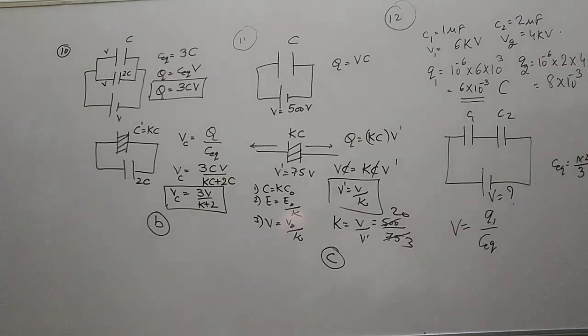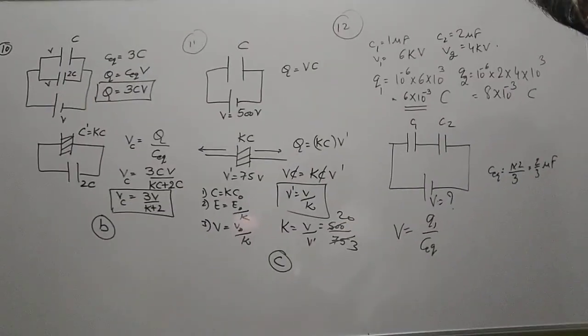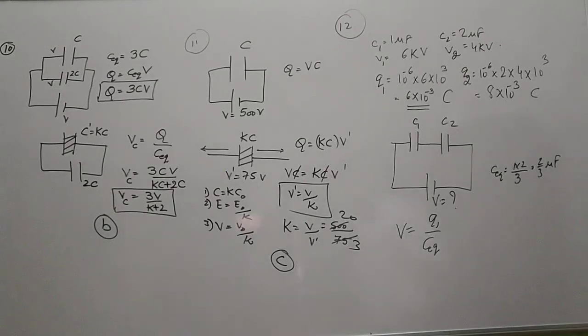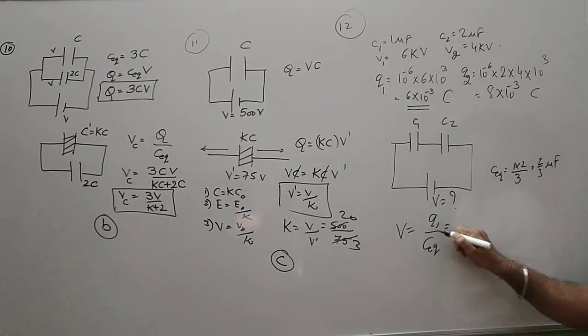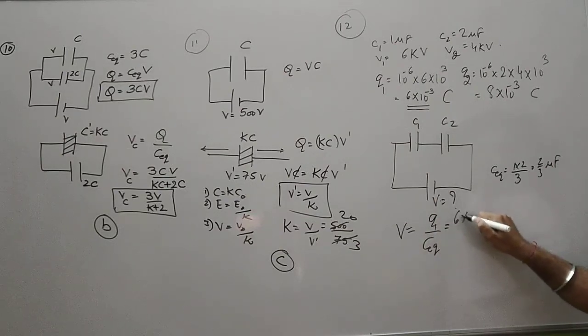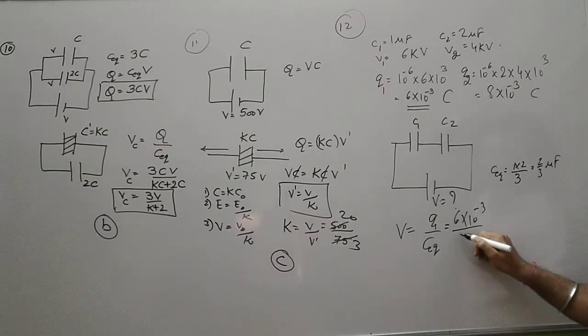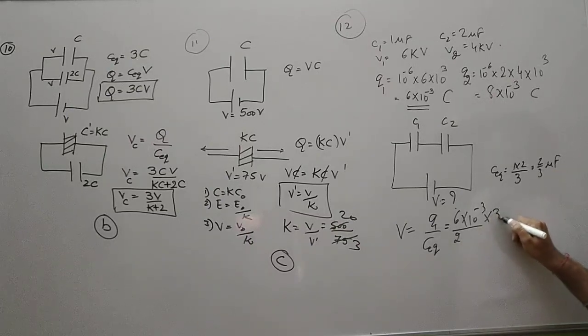After finding the equivalent capacitance, we can find the charge. So the charge taken will be the smaller charge, that is 6 into 10 raised to minus 3, and C equivalent is 2 by 3 micro.